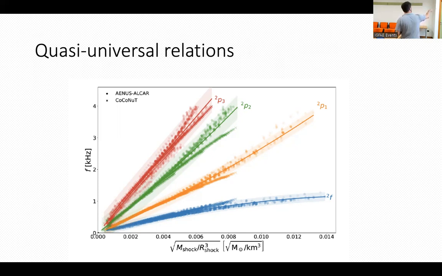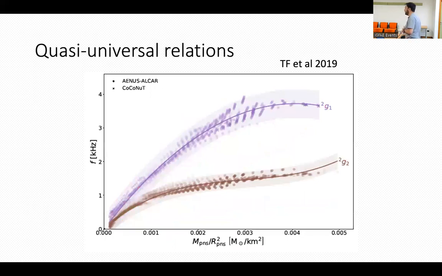This is just a polynomial fit. There are differences because the codes are very different, the neutrino treatment is different, and the gravity treatment is different. But if you make the same analysis, you get something that goes along a straight line with the different codes. And we do the same with the G modes.